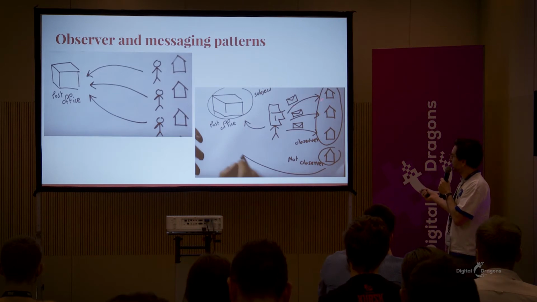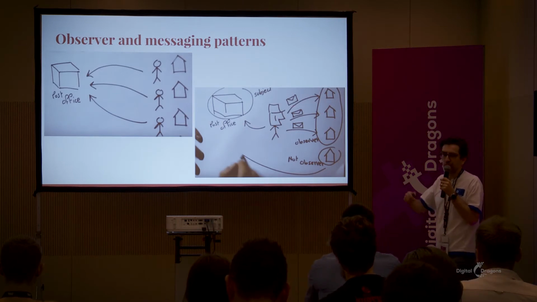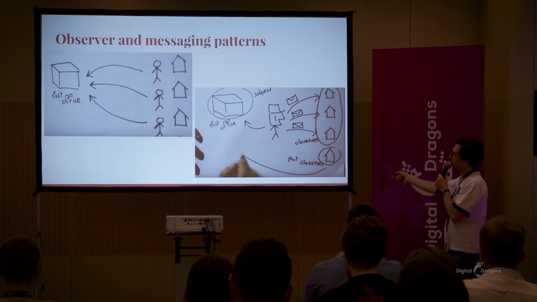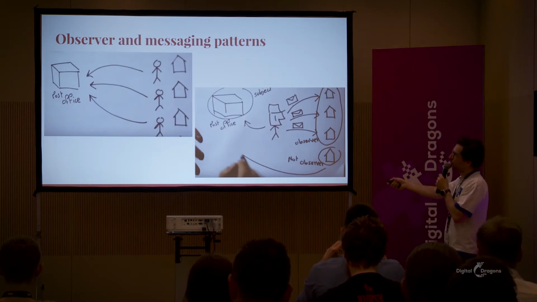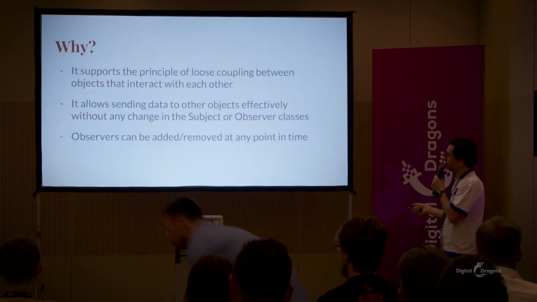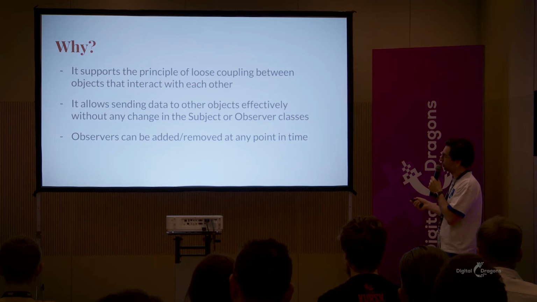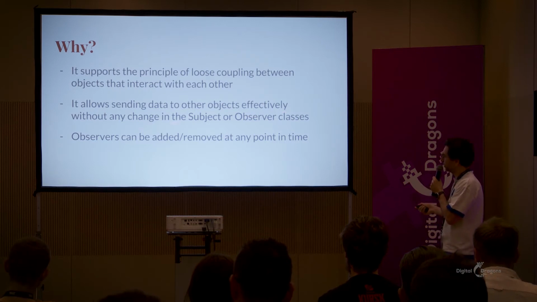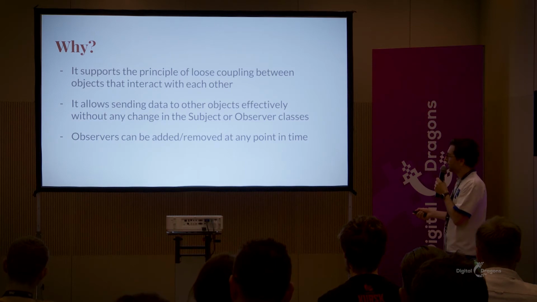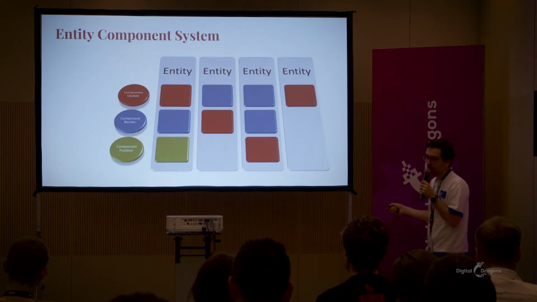In that way, our work can be focused on something else, on the game specific logic, instead of having to look if there is something in an external class. So why is this helpful? Because it supports the principle of loose coupling between objects that interact with each other. It allows sending data to other objects effectively without any change in the subject or observer classes. Observers can be added or removed at any point in time.